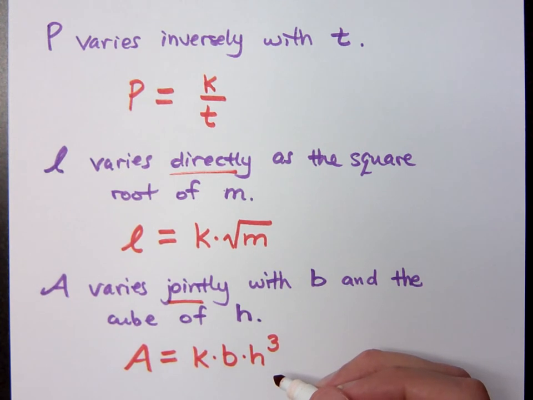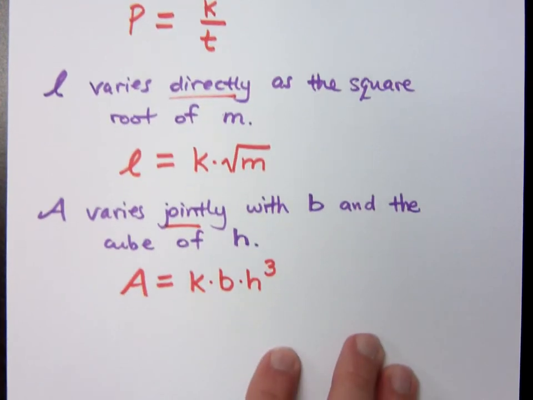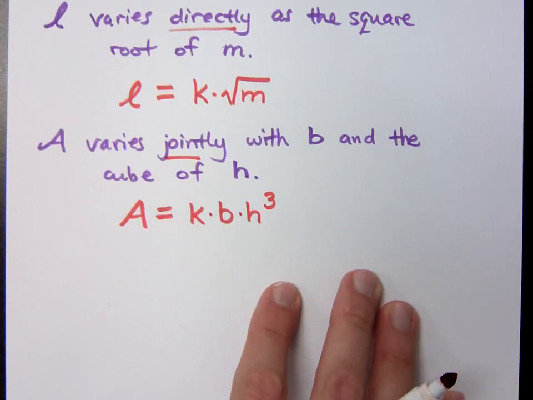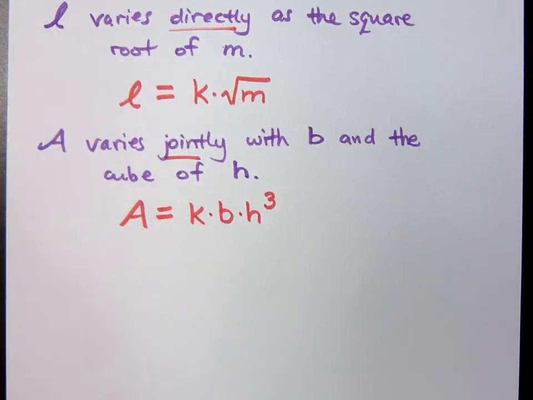Joint is basically direct a couple of times, right? So what do you guys think? Is that all right? I'm taking the words and I'm writing the variation equation. Notice I keep using K. Later on we're going to see some examples where we actually figure out, what is K? What do I do with that guy?